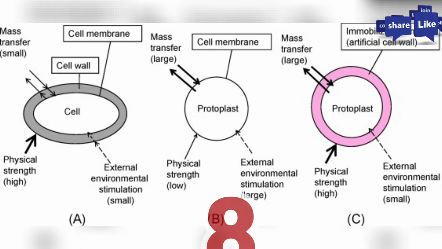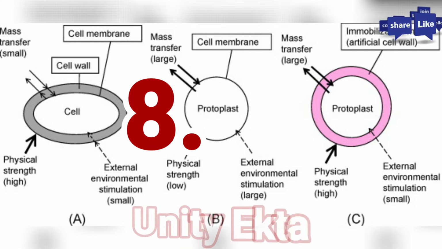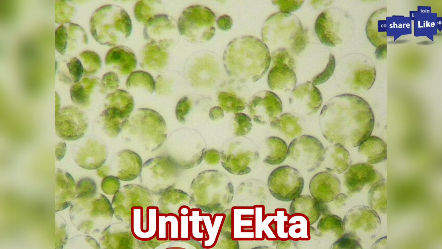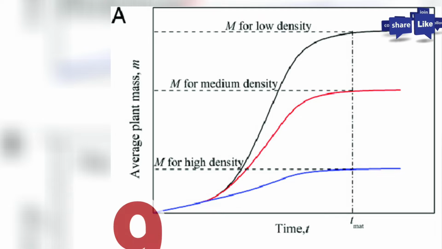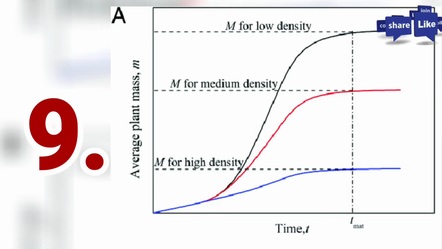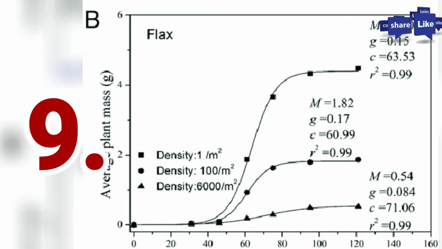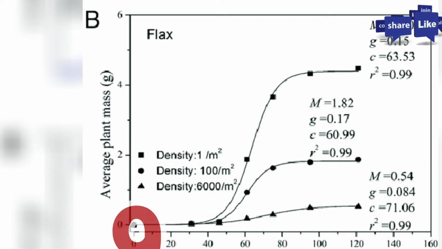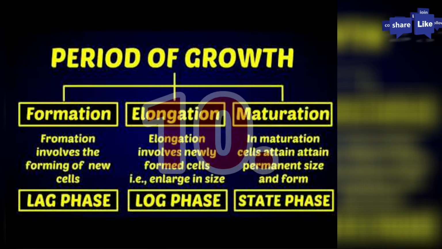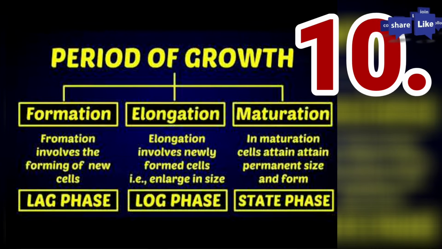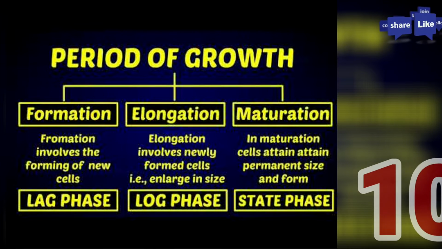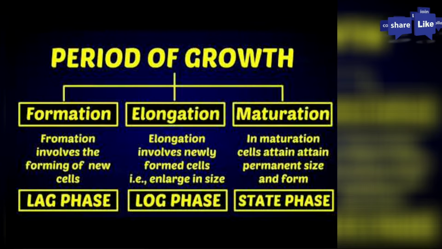Growth at cellular level is principally a consequence of increase in the amount of protoplasm. Growth is measured by a variety of parameters like increase in fresh weight, dry weight, length, area, volume, and cell number. The period of growth is generally divided into three phases: number 1, meristematic phase; number 2, elongation phase; number 3, maturation phase.